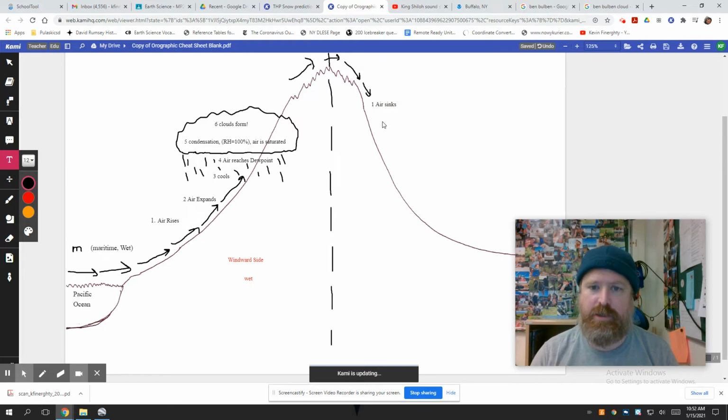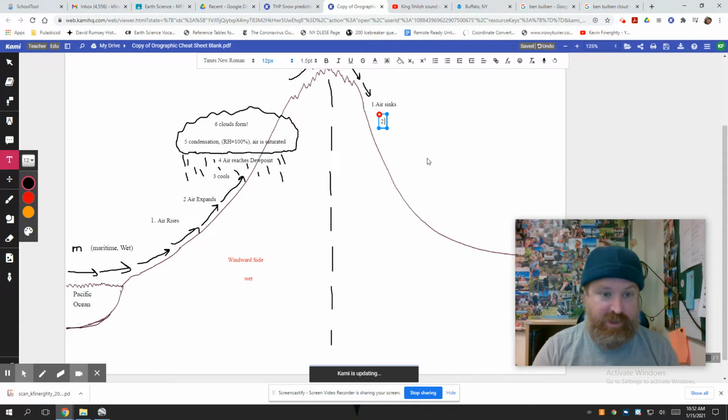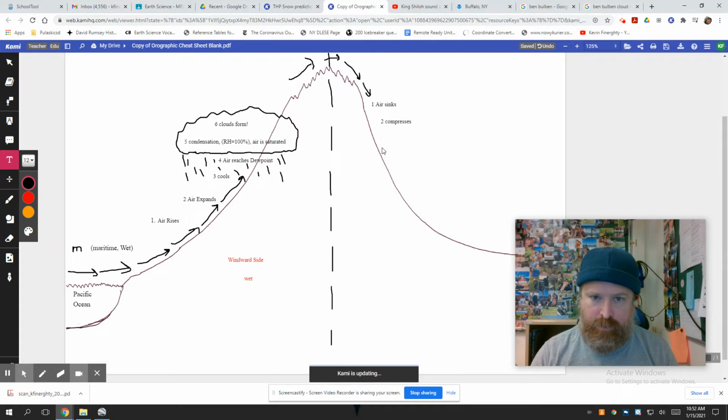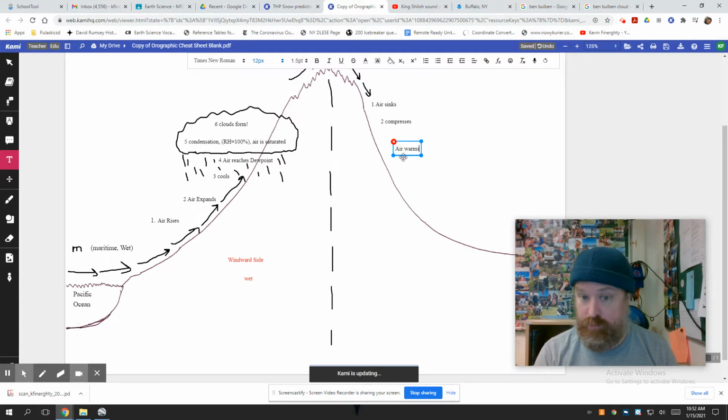Sorry for the delays there. So air sinks. When air rises, it expands. When air sinks, it compresses, which means the air warms on the way down the hill.